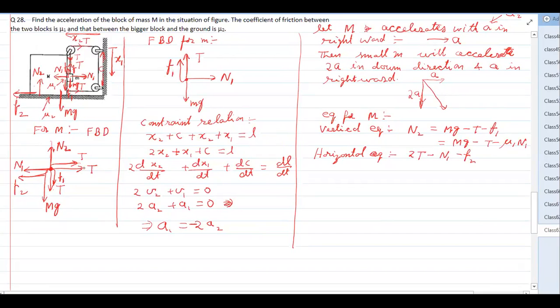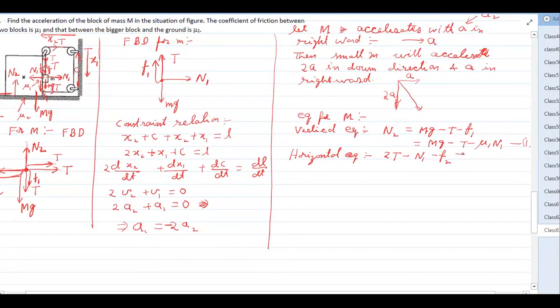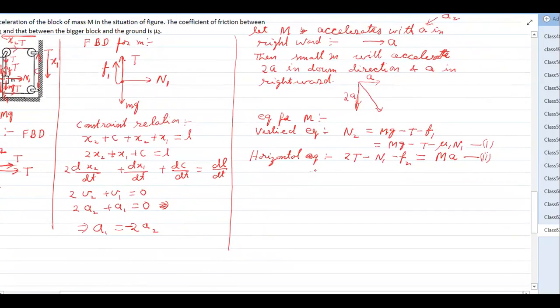See, T and T forward, N1 and F2 backward. This will be equal to mass into acceleration a. So acceleration we have assumed a, so we can write like this. Now we can replace the value of friction. So it is better to write 2T minus N1 minus mu2 into N2 equal to Ma. Okay, so this is the horizontal equation, equation 2.